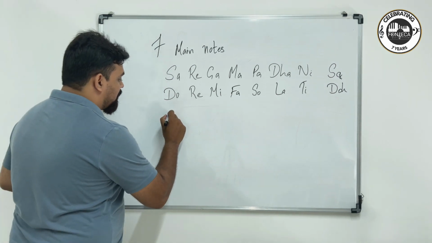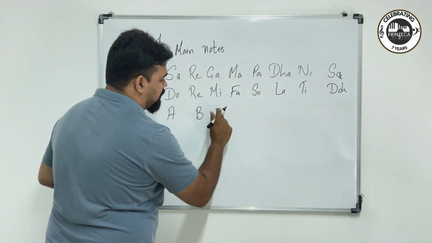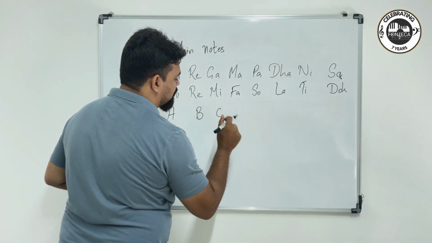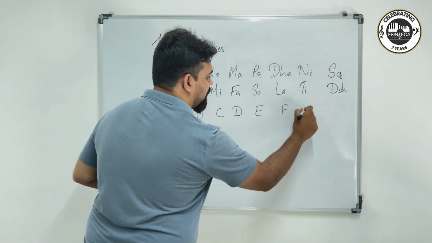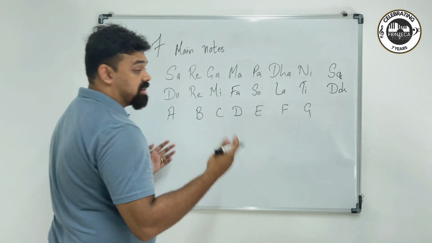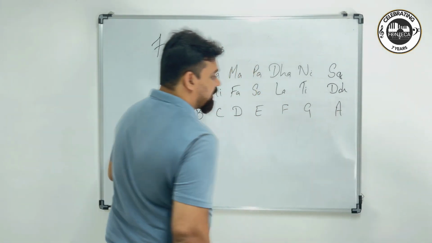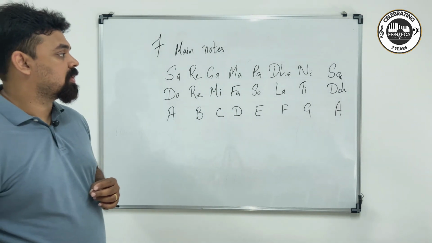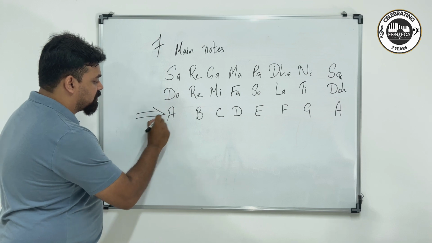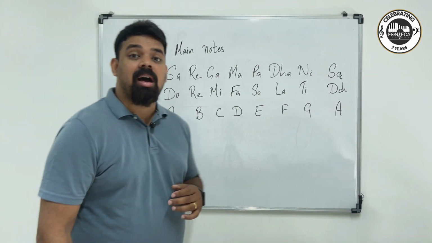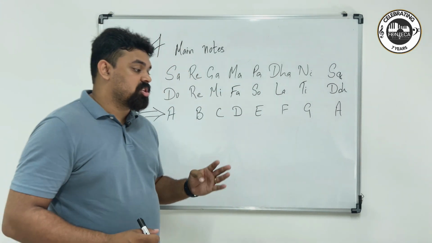It starts on the alphabet A, B, C, D, E, F, G. Since there are 7, we stop at G, there is no H, I, J, and it comes back to A. So these are the alphabets which we will be using to write our music theory. A, B, C, D, E, F, G, A.